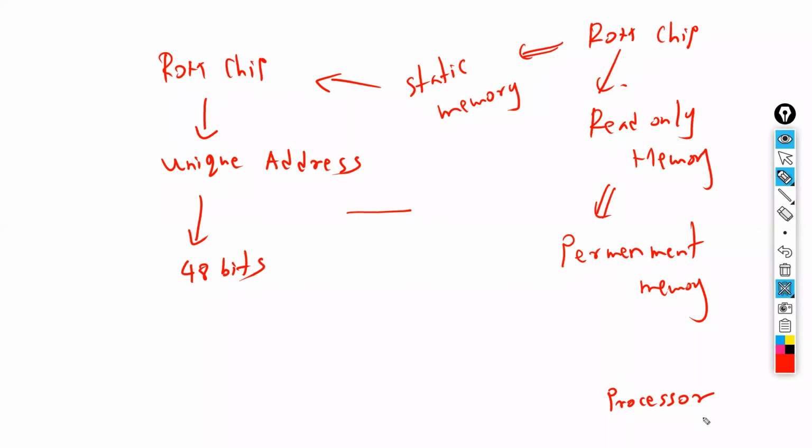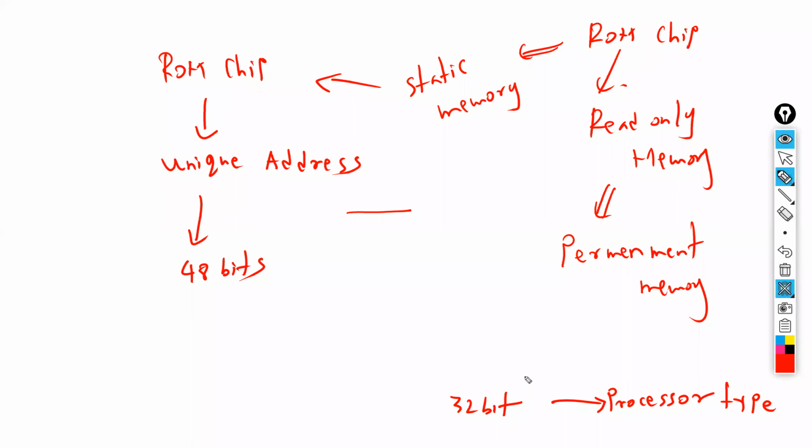Anyway, I will teach that as well. Processor type means it says 32-bit or 64-bit address.